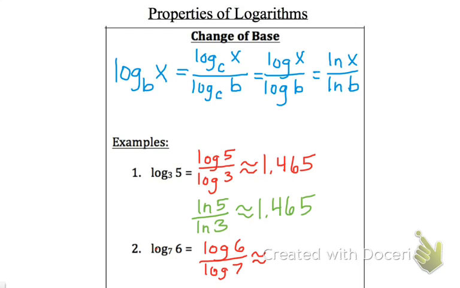So log base 7 of 6, we apply the change of base, we get log 6 divided by log 7, plug that into the calculator, and get an answer of about 0.921.